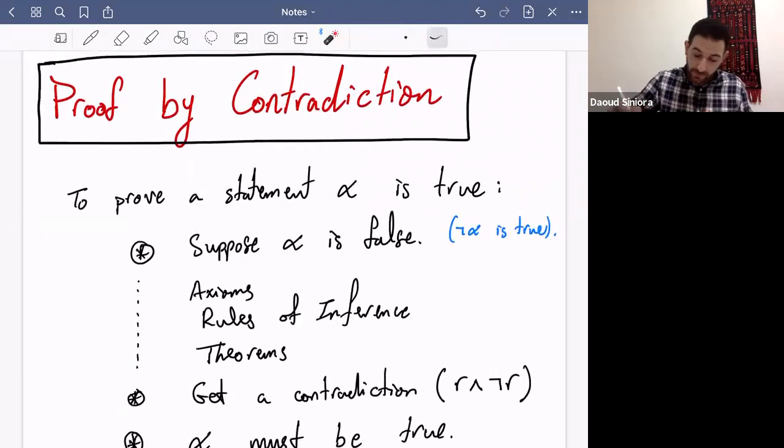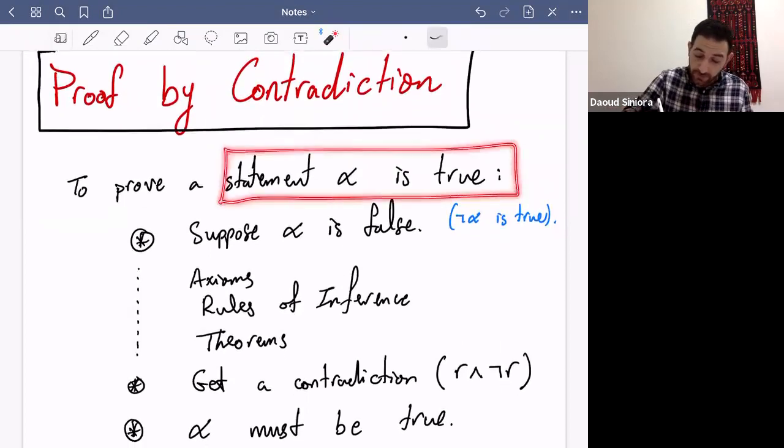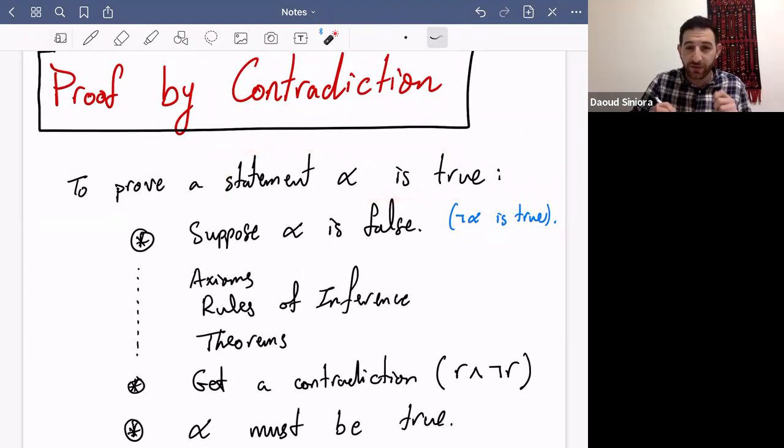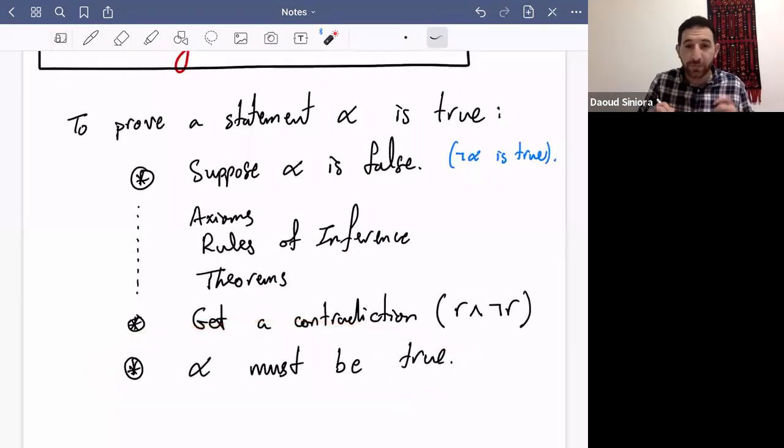So let's sum up. To prove that a statement alpha is true by contradiction, we assume it is false, and we get a contradiction, and we conclude that alpha must be true, because assuming it is false leads to a contradiction, to a statement which is always false.